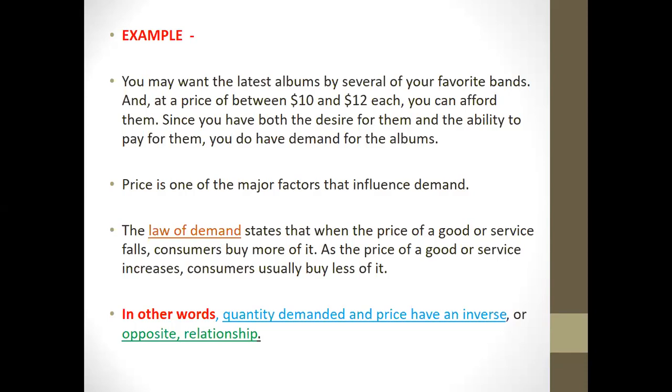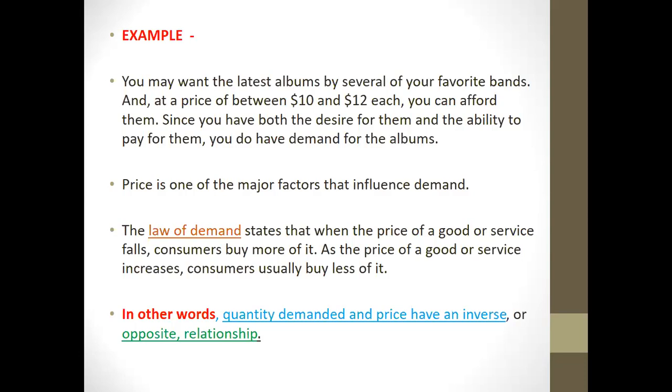Now there's another law, the law of supply. It's more or less the same, but the opposite. As the price of a good or service increases, consumers usually buy less of it. Now, if you're a millionaire or you have enough money, you don't care. You just buy, and that's it.